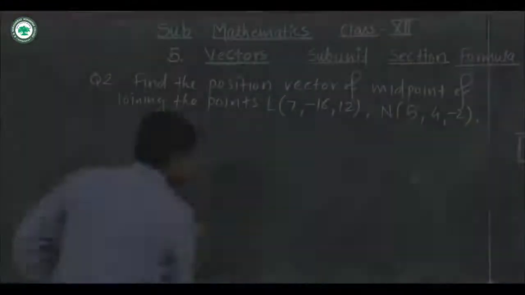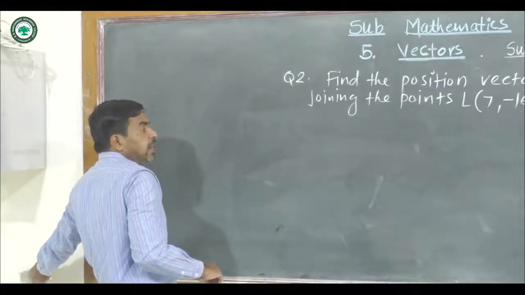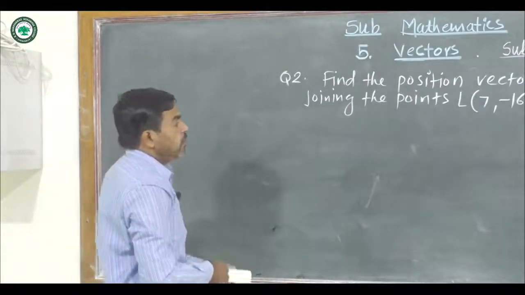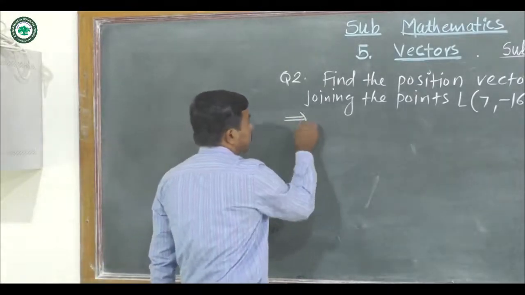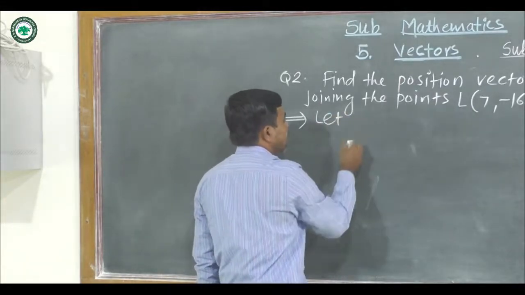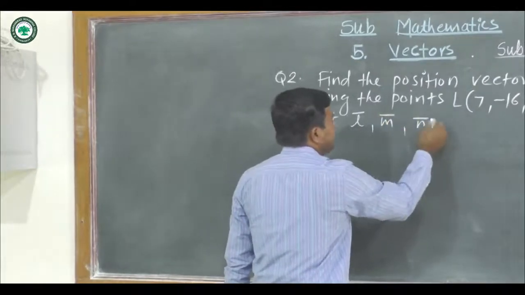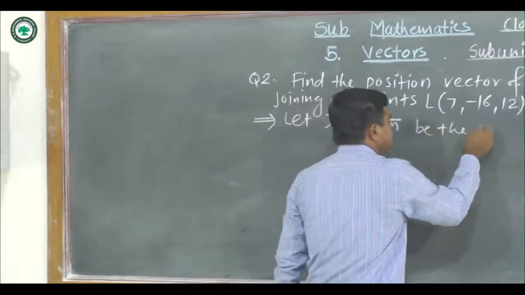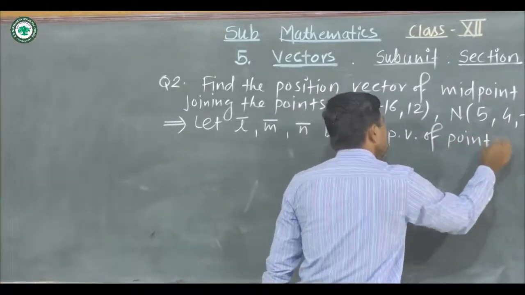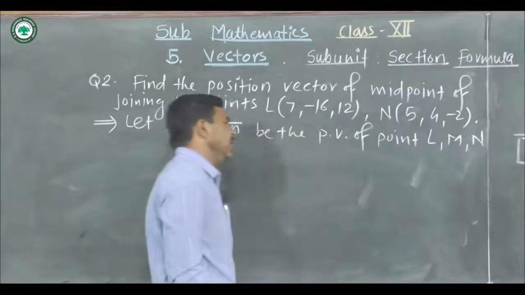Okay, so see here, M is the midpoint of the line joining these two points L and N, and we have to find the position vector of the point M. Let l bar, m bar and n bar be the position vectors of points L, M and N respectively.